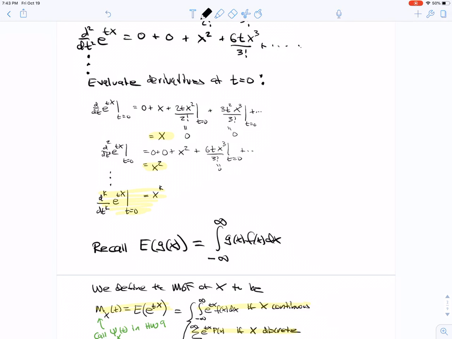We want the moment generating function to give us information about the kth moment.